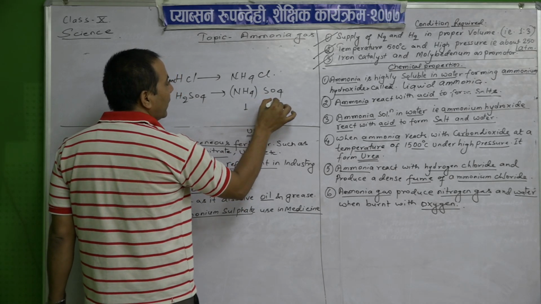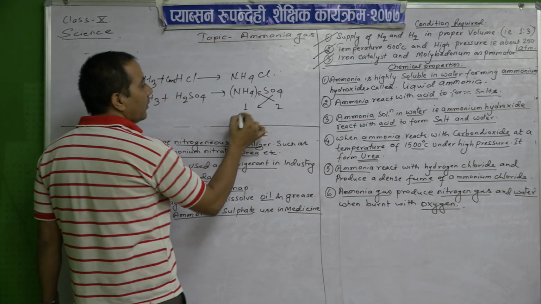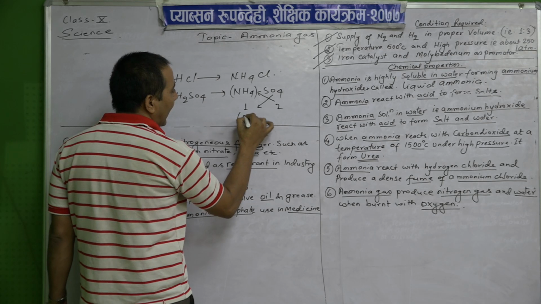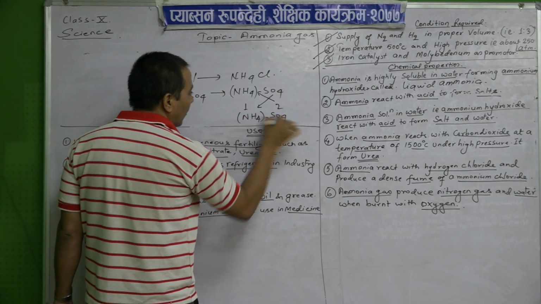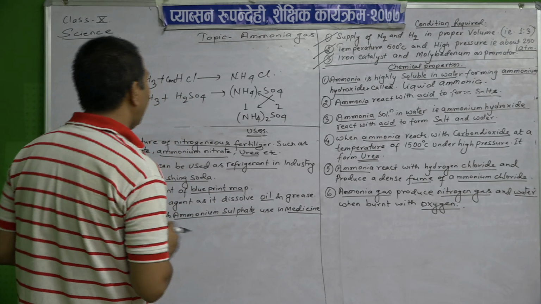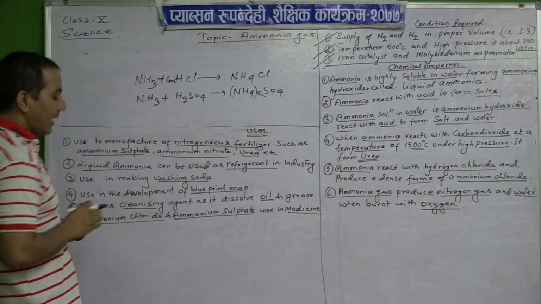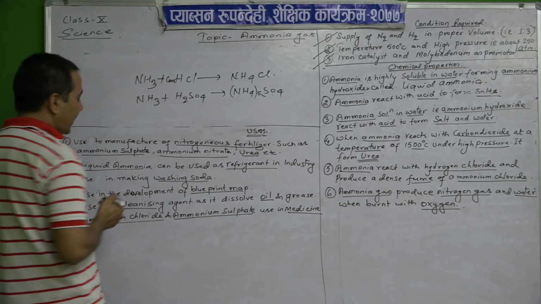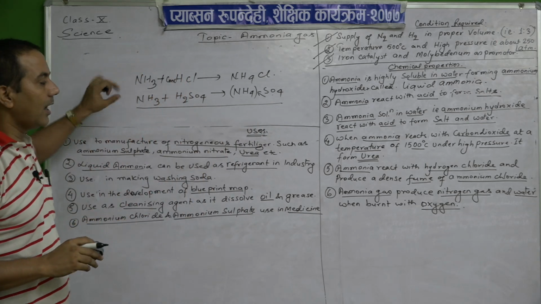So when we crisscross, as you have studied in class 9, it will form (NH4)2SO4, ammonium sulfate. We can take another example for acid formation, nitric acid also, but it is not necessary. This much can work. Okay.